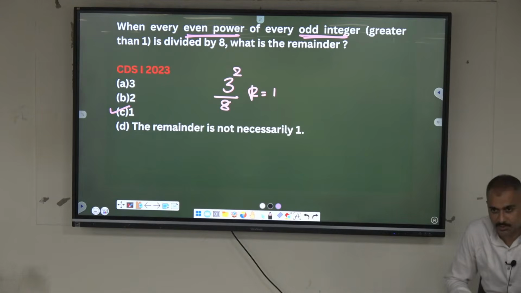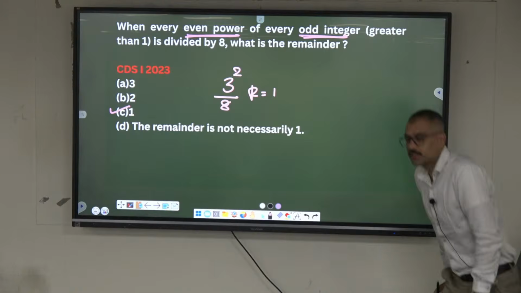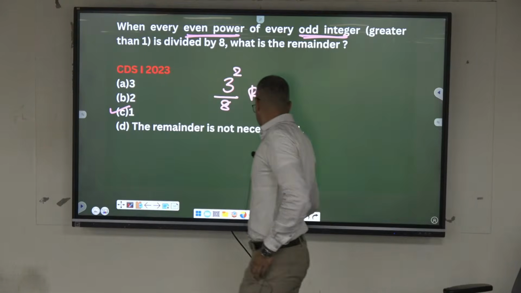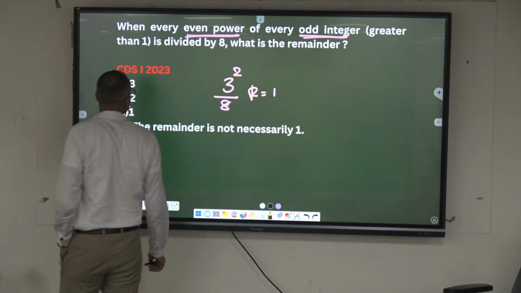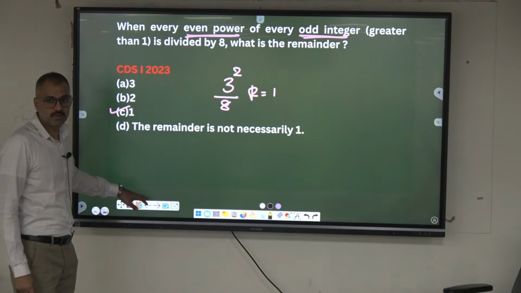The base has to be odd and the power has to be even. Those kind of numbers, when you divide by 8, what is the remainder? 1 comes in all cases. Check a few cases, that's it. Shall we move? It's always one.